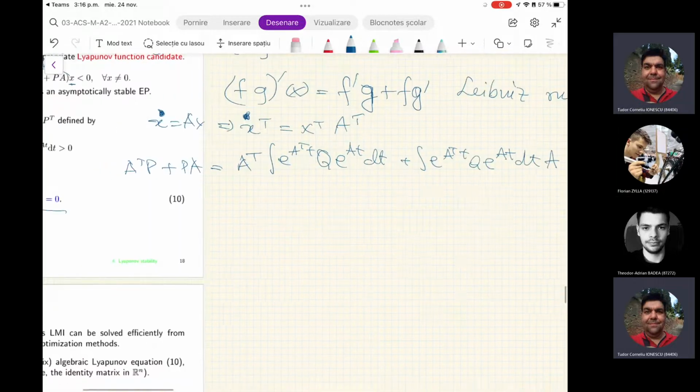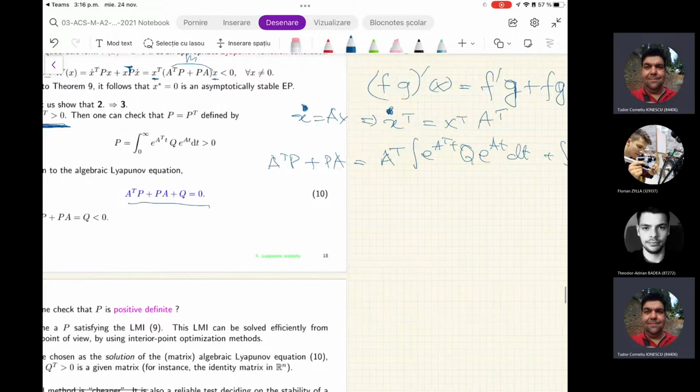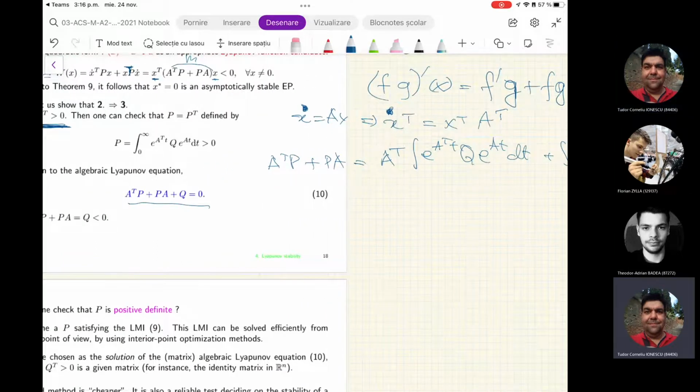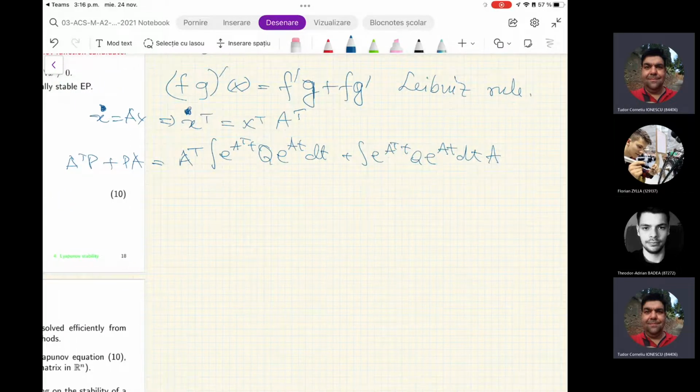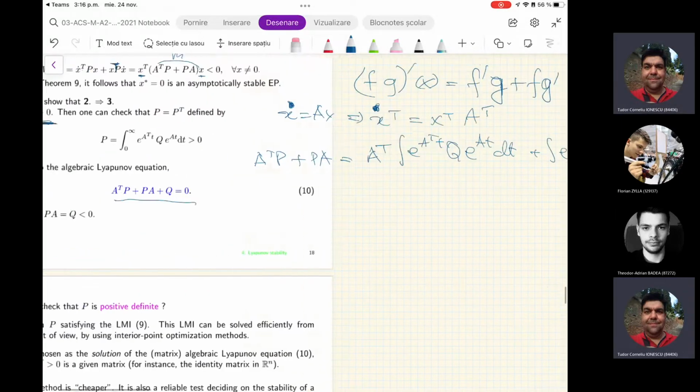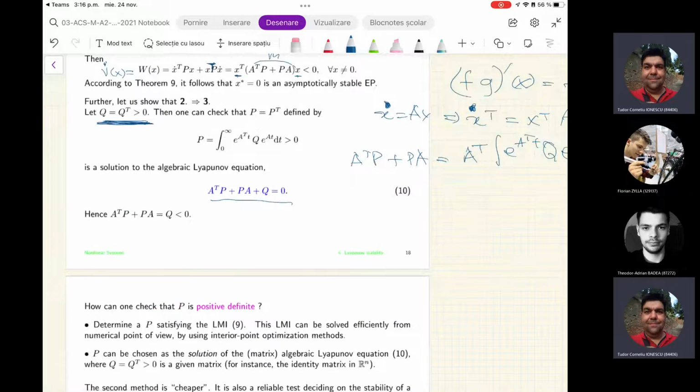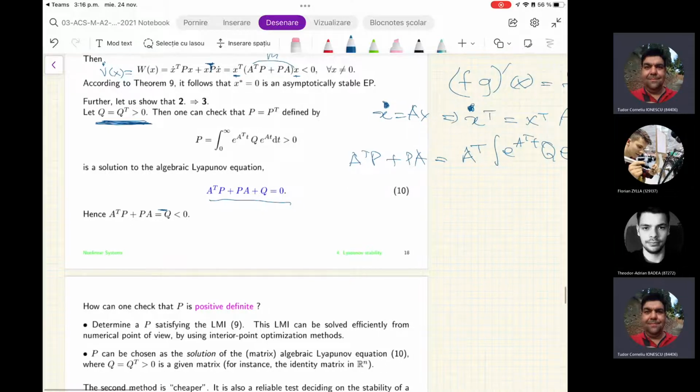Okay, when you do this integration, you'll end up with Q. Here it's minus Q. That's why it's negative, because Q is positive definite.